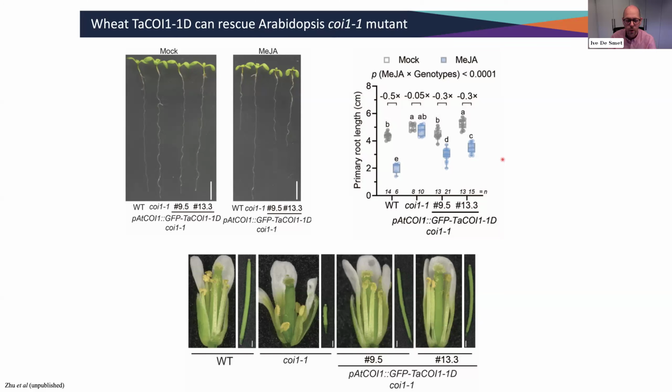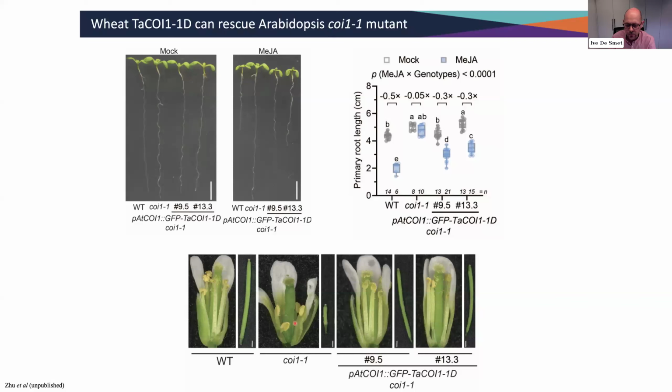In addition, a typical phenotype of the Arabidopsis, or at least some of the Arabidopsis jasmonate receptor alleles, is this infertility phenotype because of the stamens not developing sufficiently. There's a lack of pollination, and this leads to poor silique and subsequent seed development.